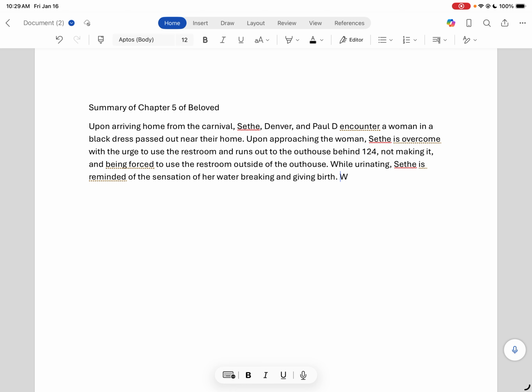When she comes back around to the front of the house, Paul D and Denver are still with this strange woman, who they give water to. Sethe walks on them, and I believe it's either Sethe or Paul D that offers her water.